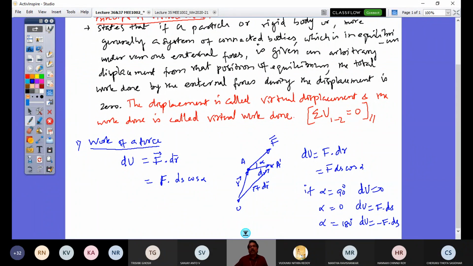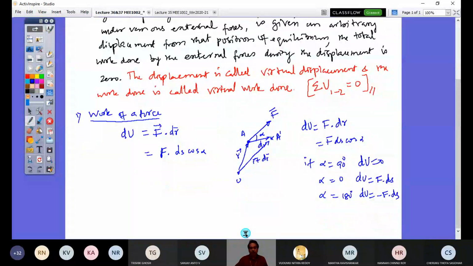And then to define what is work of a couple, before that, what are the forces that do not participate? Forces applied at a fixed point will not participate. So the forces which are not going to participate in the work done calculation, or which do not contribute any work in the system, are the forces acting at a fixed point in the system.